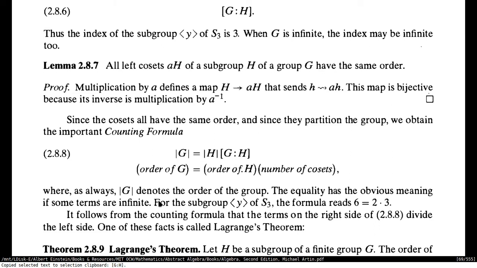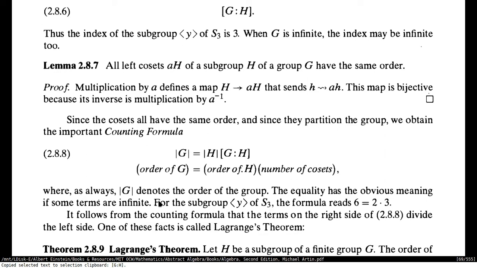Okay, so the cosets have the same order and they partition the group, right? So that's what we saw. And from here we can get the counting formula. The counting formula is that the order of G is equal to the order of H times the number of cosets, and that makes sense, right? If you have the order of one subgroup, you can just calculate the number of cosets.